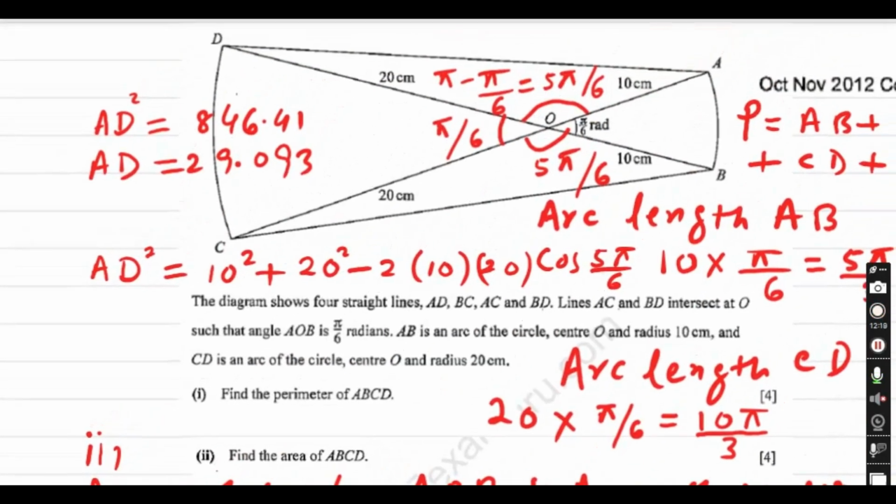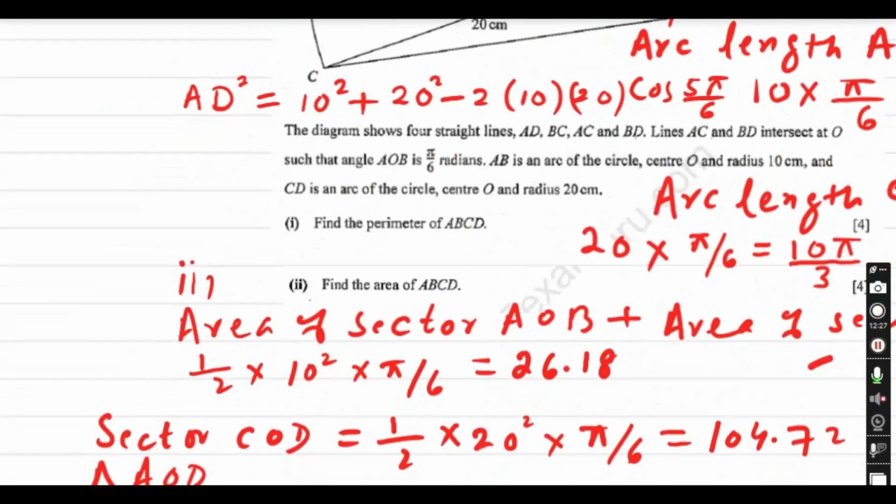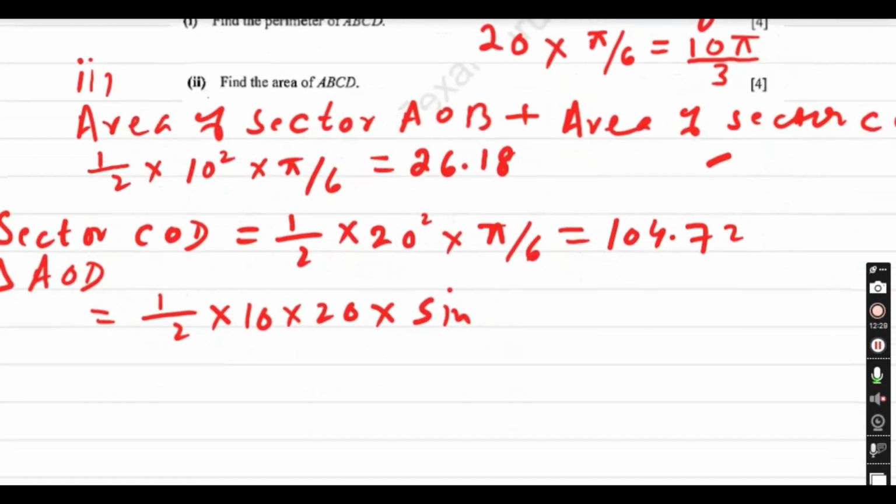What is the angle? You can see in the diagram, angle AOD is 5 pi by 6. The final answer is 100.